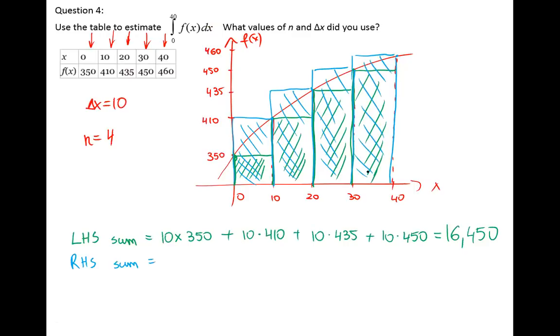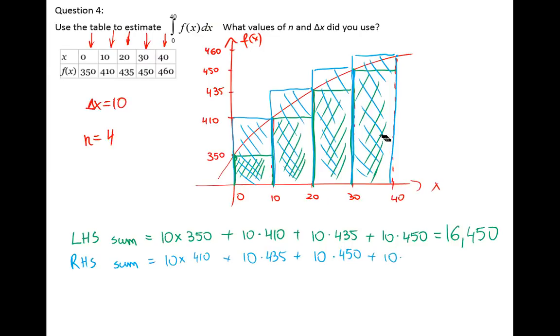We can see the blue ones, the right-hand side, are definitely overestimation. Okay, that means let's see. 10 times the value for 10, which is 410. 10 times the value for 20, which is 435. 10, which is delta x, the base, times the value for 30, which is 450.